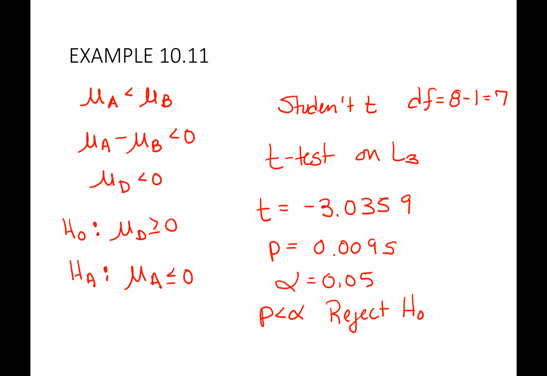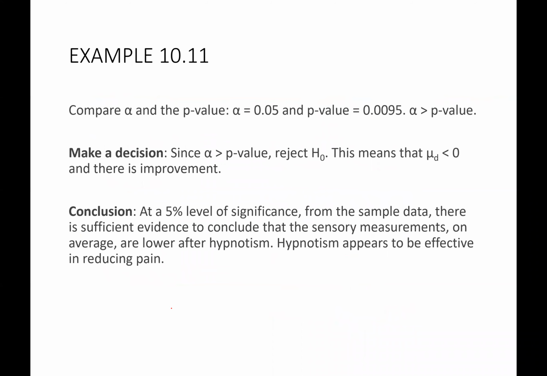Is that what you guys got for your p-value? So since we compared alpha and the p-value, alpha is 0.05, our p-value was 0.0095. Since p is less than alpha, we reject the null hypothesis.